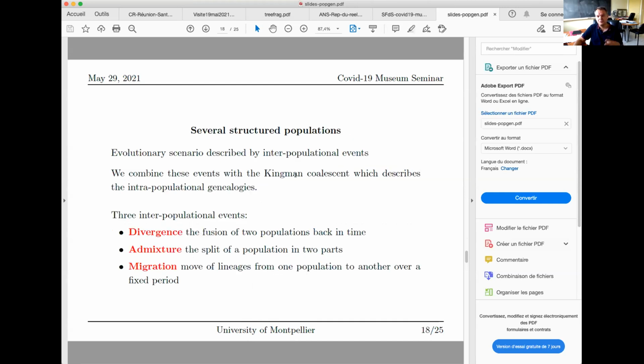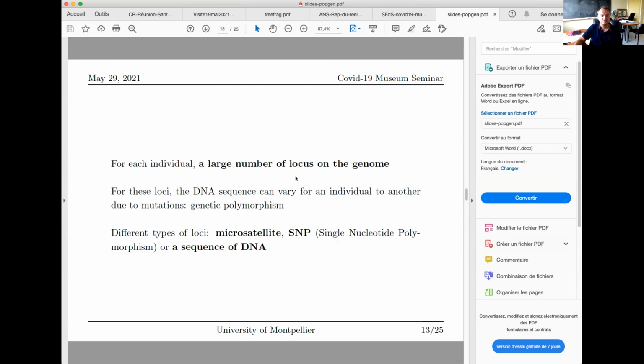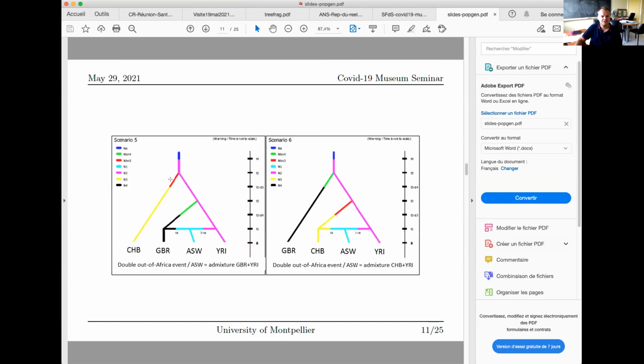And then we have also a model for each population and a model which describes interpopulational events. We can consider some divergence, admixture, migration. Here we have a divergence between an ancestral population and an East Asian population and the other population, African one.